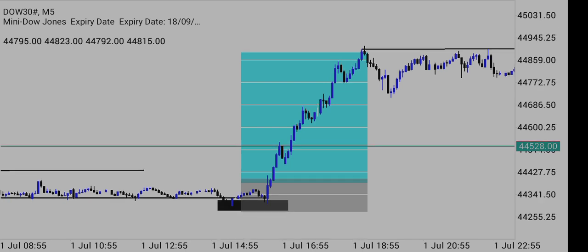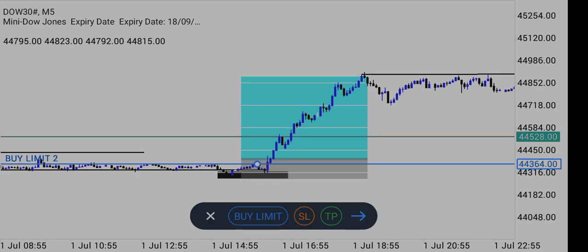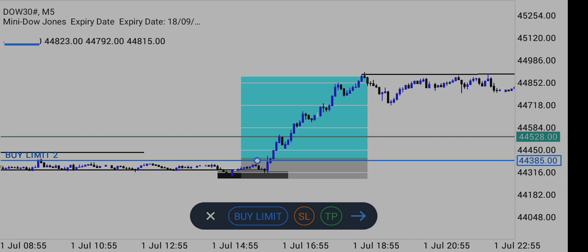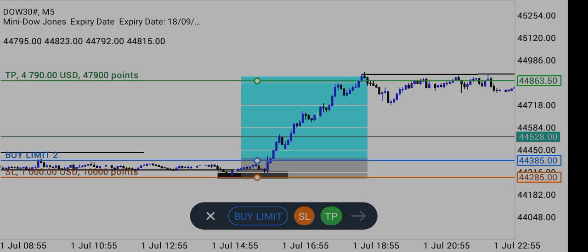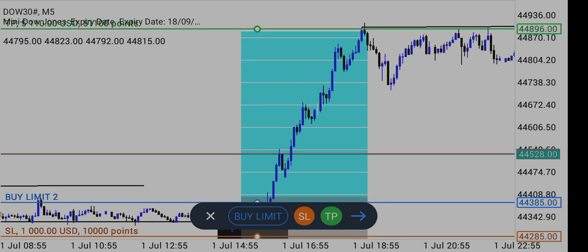Okay, so how much are we making? Our entry with order block and the sweep of the liquidity. And even if we buy from here after the candle closure, like we bought here, SL, TP, 5000 USD.